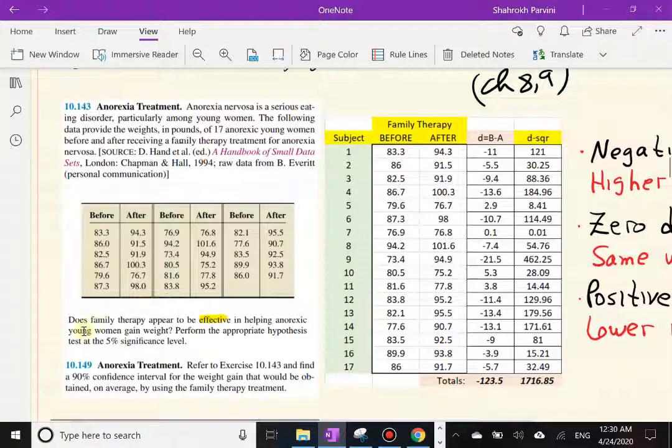So the question, does family therapy appear to be effective in helping anorexic young women gain weight? Notice we are not told this is less than, greater than, or not equal to. So we need to interpret what it means for therapy to be effective as it relates to the weight of these individuals.